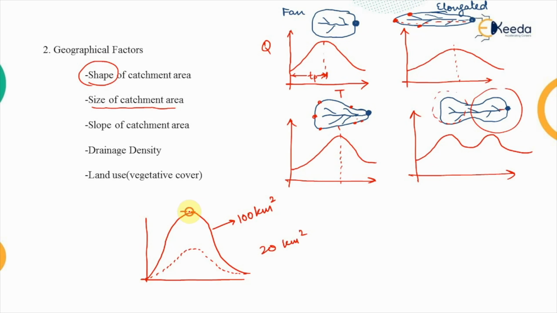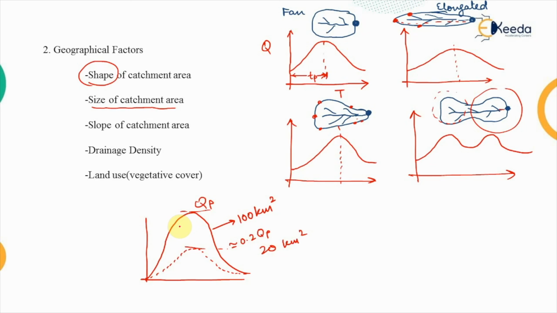That means the discharge we will get will be roughly 0.2 times the peak discharge obtained for the 100 square kilometer. That is the impact of the size of the catchment area.